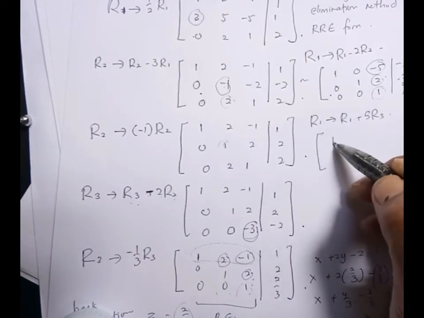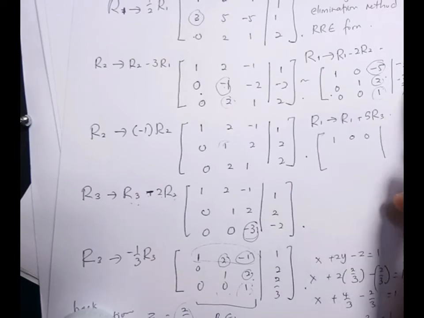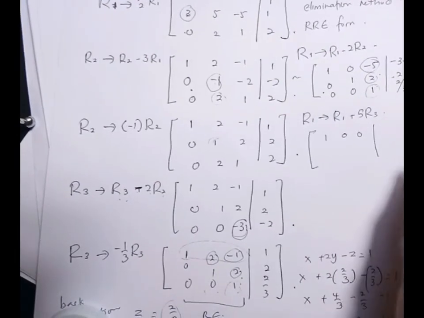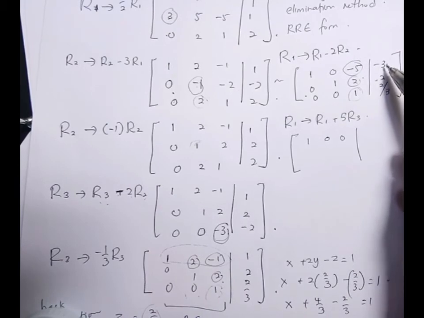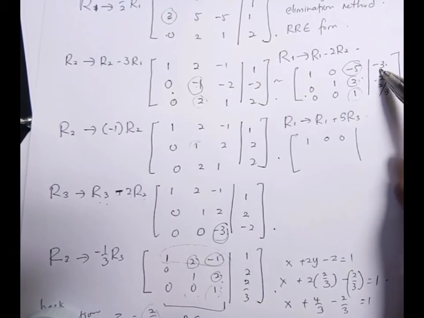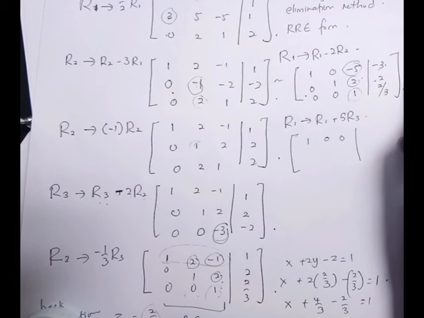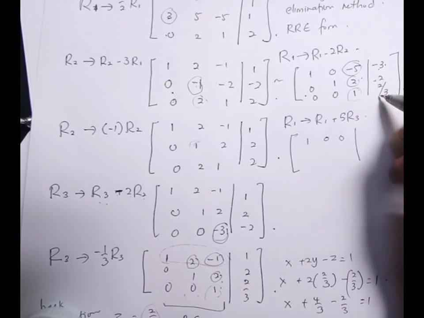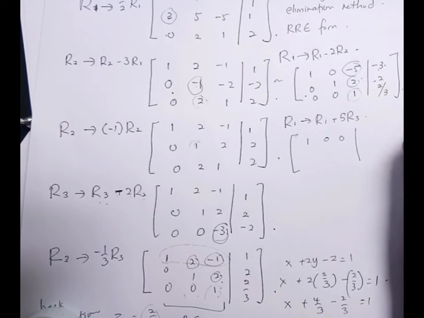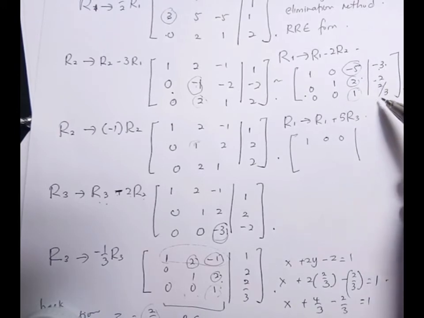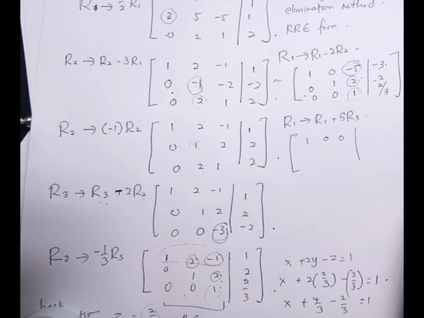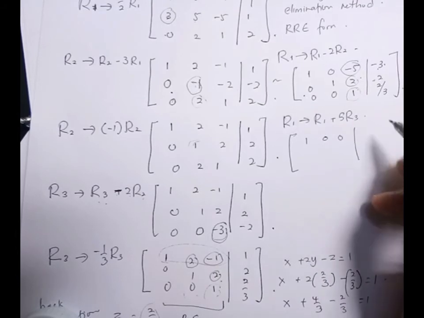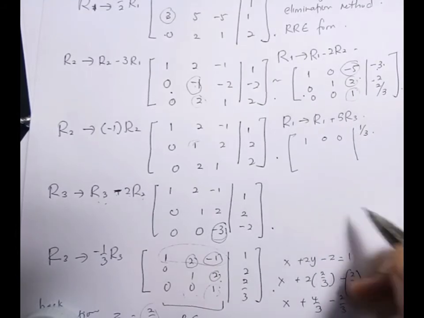So we have 1, 0, 0, minus 3 plus 5 times 2 over 3, which is 10 over 3. Minus 3 plus 10 over 3 is 1 over 3. So we have 1 over 3 here.